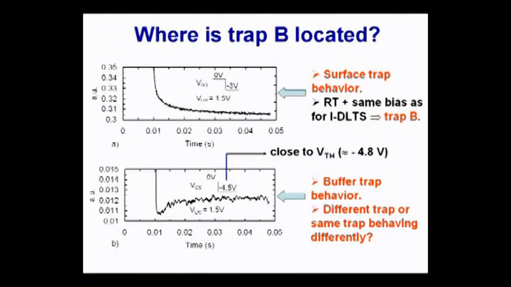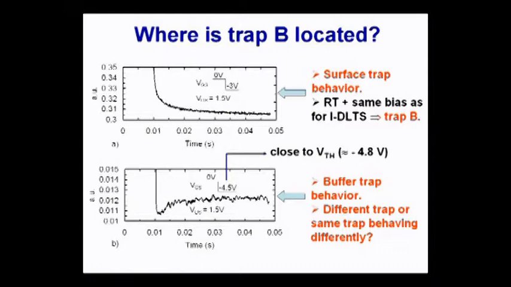So to try to explain this result, we have performed a gate lag measurement in the same conditions as for the IDLTS mode, and we obtained this ID transient at a temperature of 300 Kelvin.